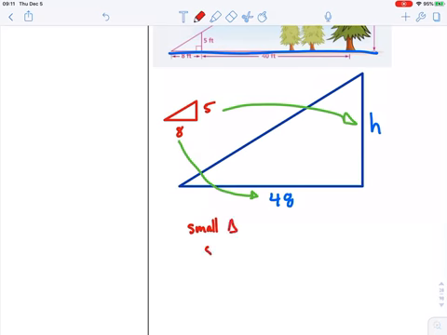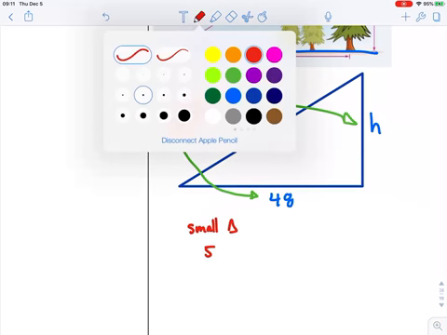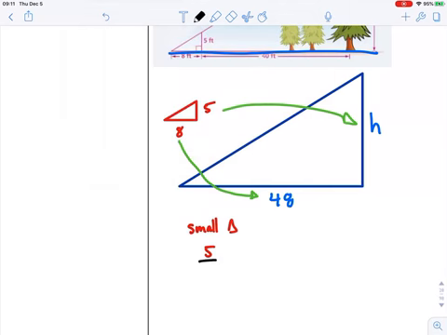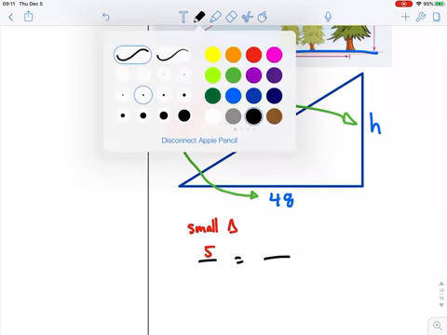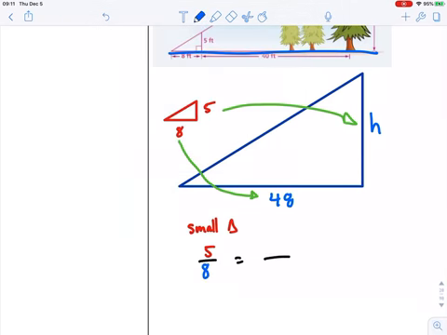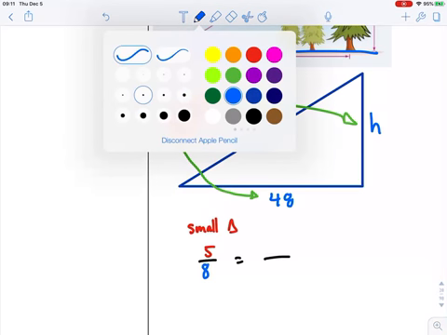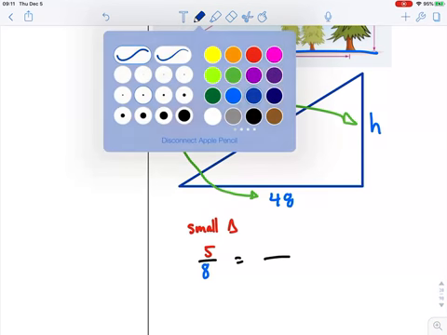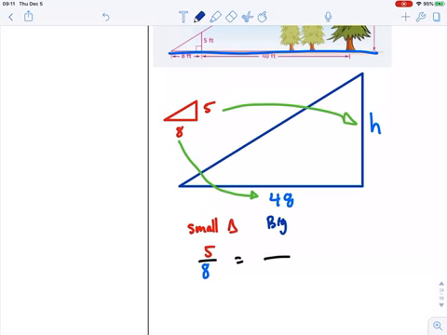Small triangle is 5 to 8. Okay, 5 to 8, short side to medium side. And this one is my big triangle. Big triangle. And 8's matching part is 48. And then the 5's matching part is the h.